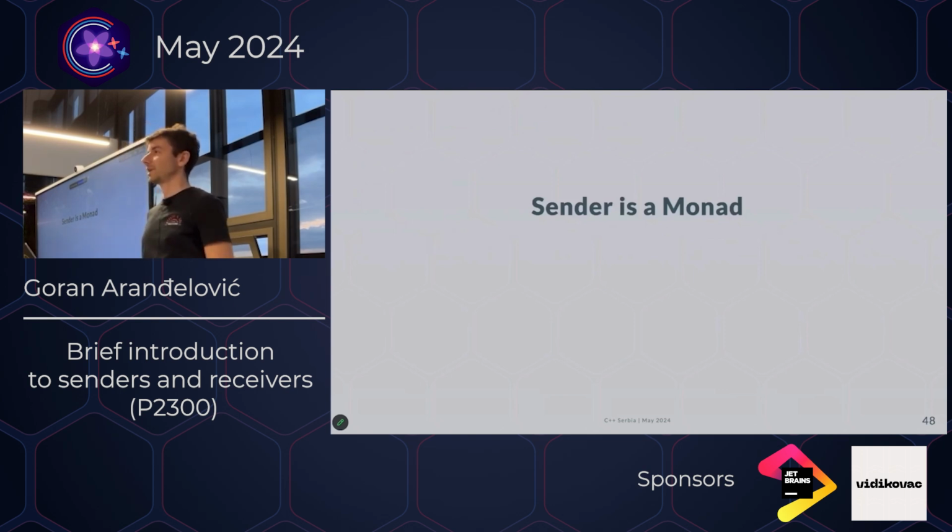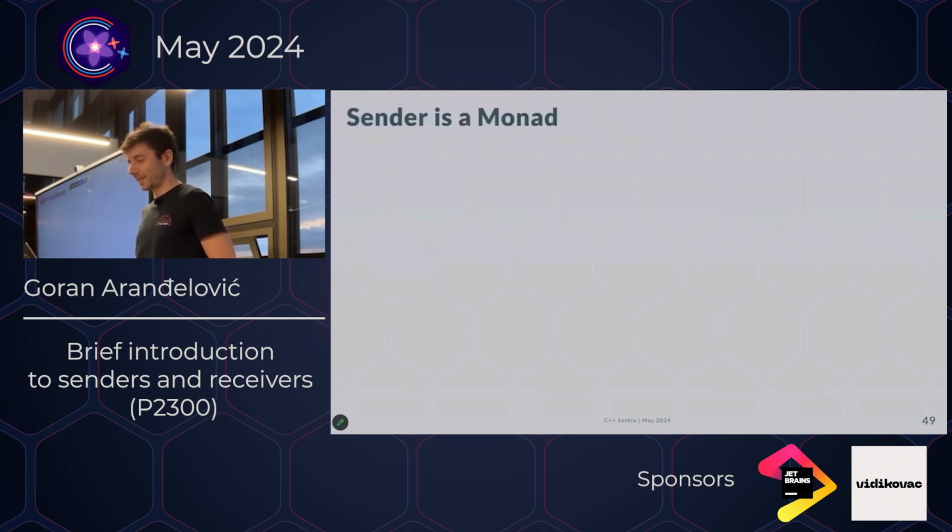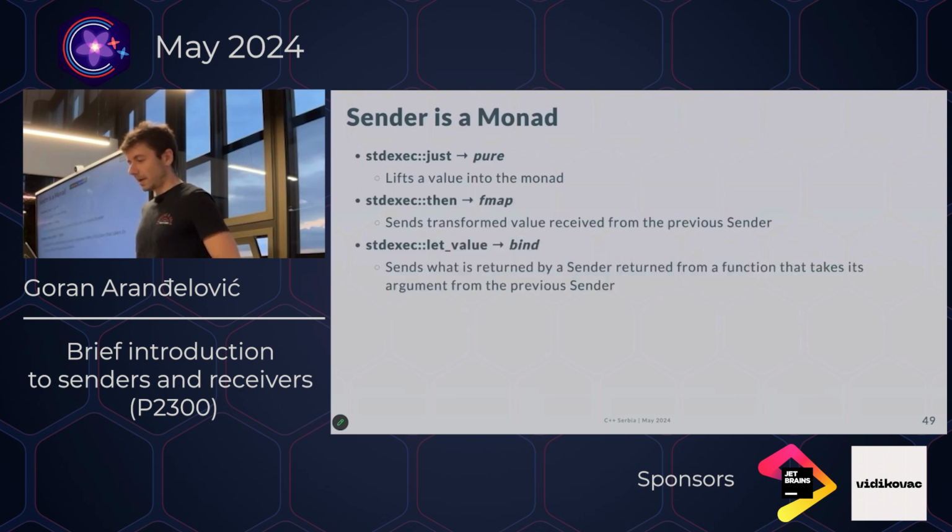We will not go into these details as well, but sender is a monad, and actually 3 monads composed into a sender. Ivan is nodding, I don't know why, but okay. Yeah, so I will just mention these things because they are on par with what monads are.